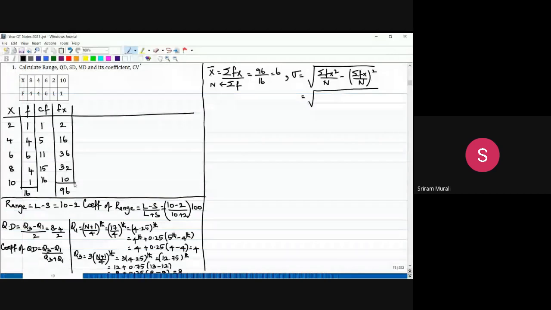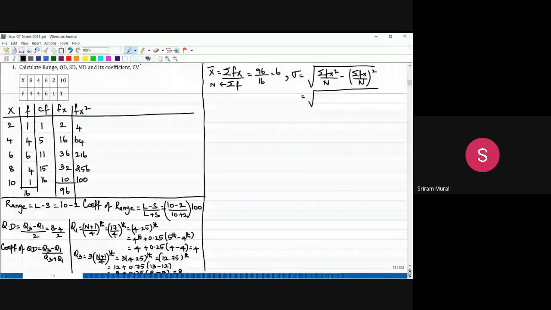What is f into x square? F is here, x square: 1 into 4, 4 into 16, 6 into 36. Can you understand how I do? F into x square: 6 into 6 square, 4 into 4 square, 1 into 2 square, 4 into 8 square.